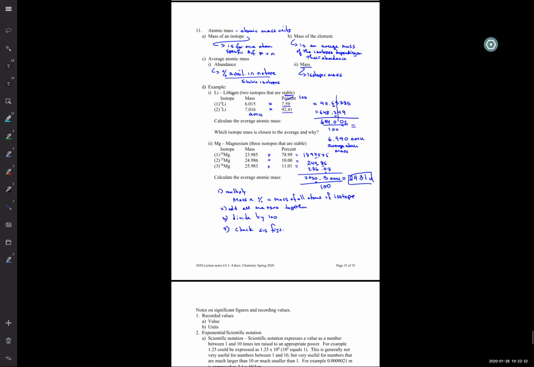You have to have a lab coat and goggles, or safety glasses. Now the safety glasses, I don't think I've seen any here that are acceptable.